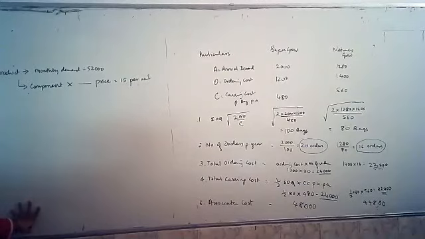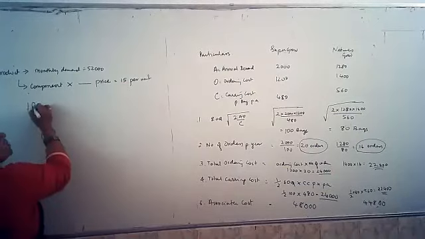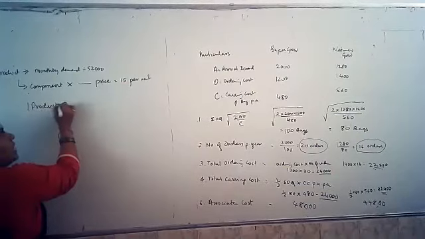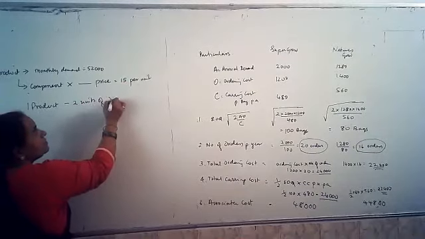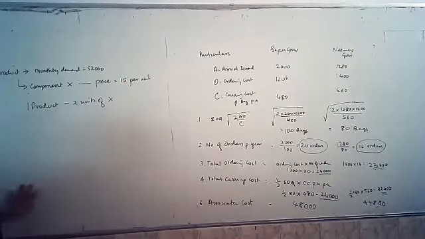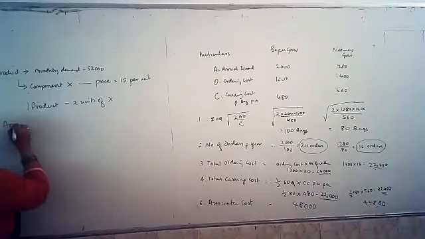Next, for every finished product, that is, to manufacture one product, how many units of X? 2 units. So for one product I need 2 units of X. So we need to find out how much is the annual requirement. Let's say annual requirement.